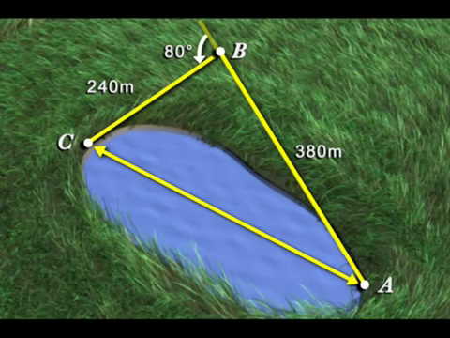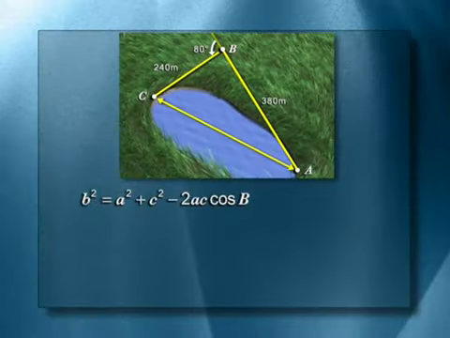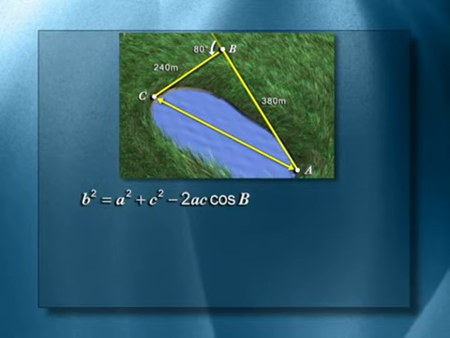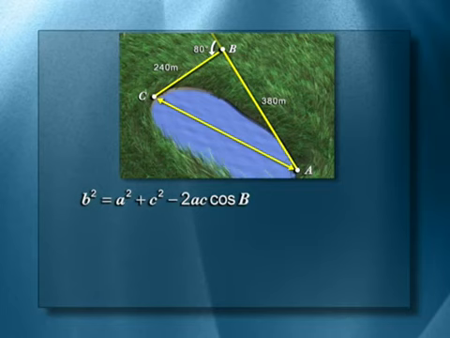So that means the other angle is going to be 100 degrees. 180 minus 80 is 100. So now I know the included angle. It's 100 degrees. And the law of cosines will give us the final answer. b squared equals a squared plus c squared minus 2ac cosine B. That's a statement of the law of cosines.